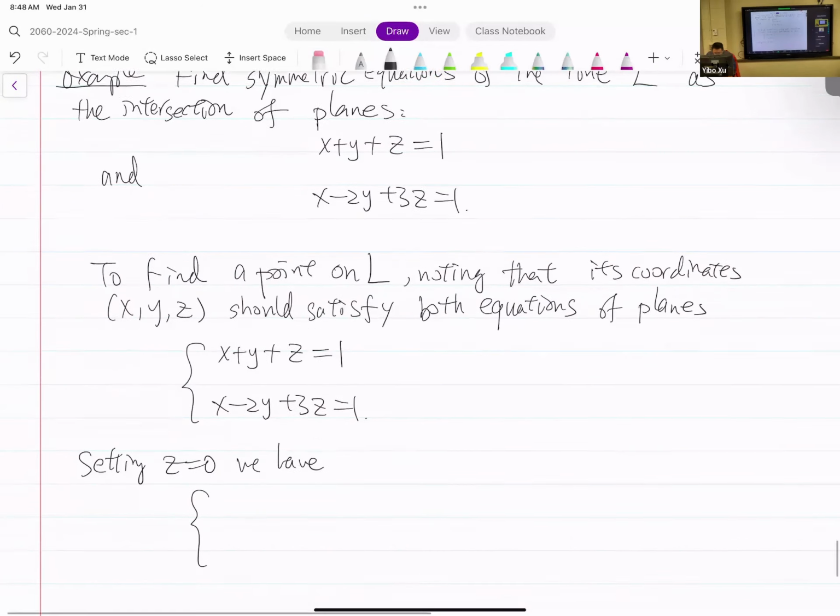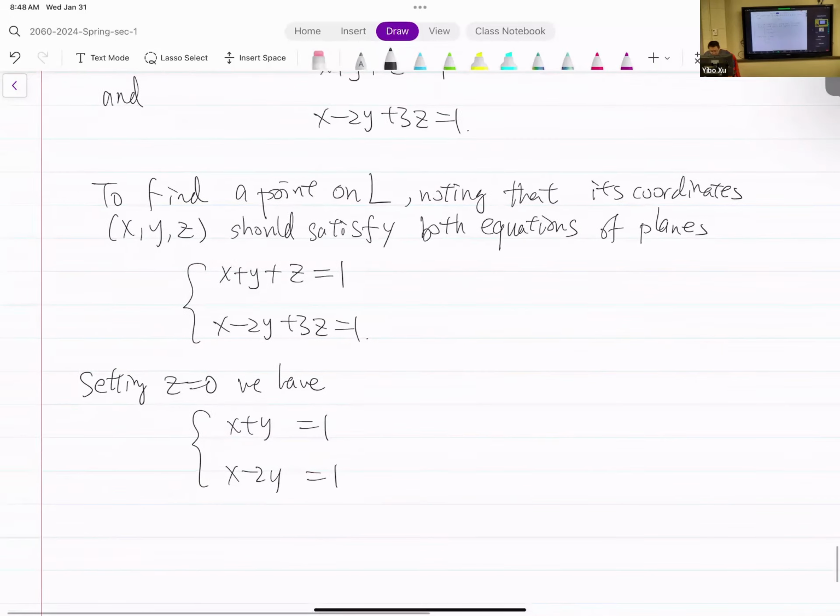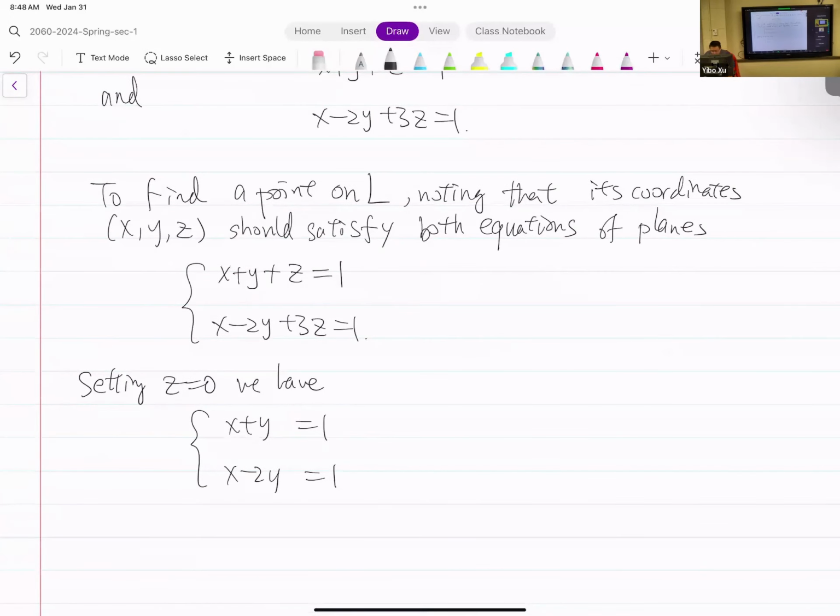That is now x plus y equals 1, and x minus 2y equals 1. Now z is gone, so we have a little bit less of a degree of freedom. We have 2 equations and 2 variables. If you do either elimination or substitution, you can solve that x must be 1, y must be 0 here.